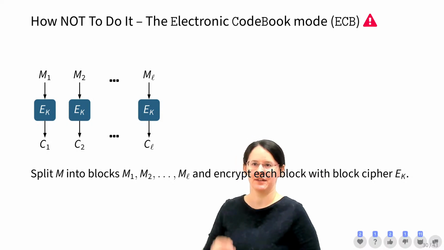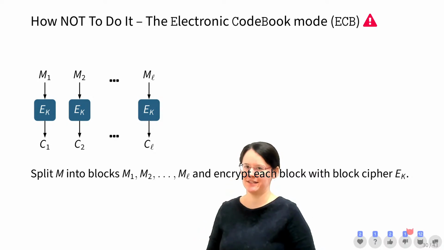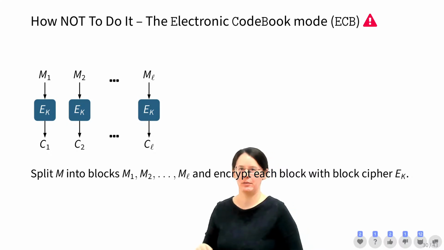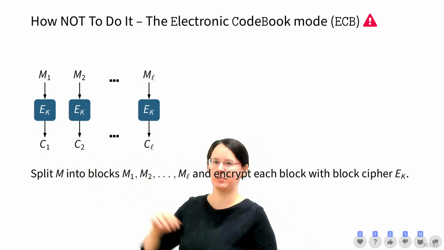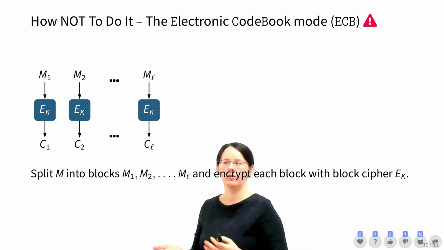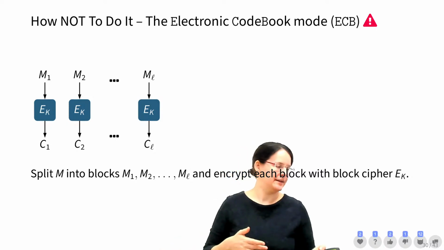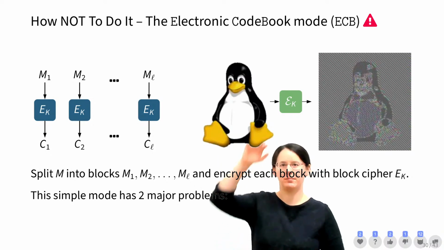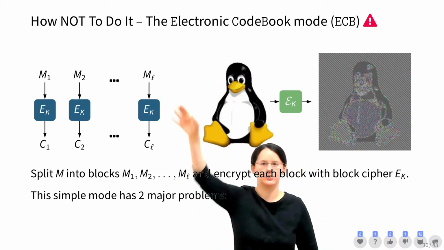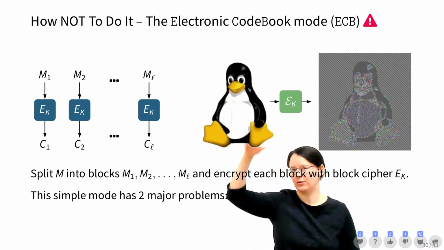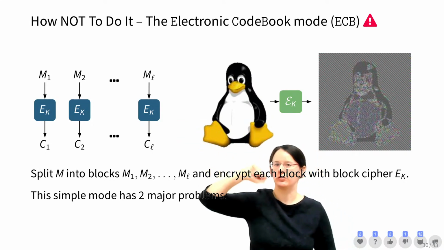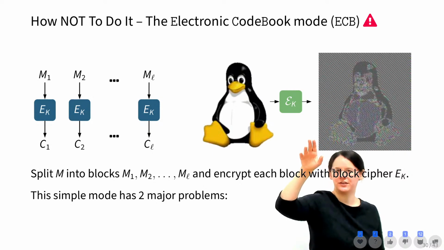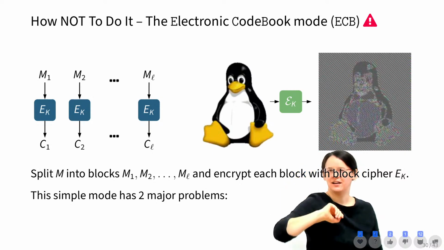To see why, there's a very famous illustrative picture, namely what happens if you use this mode of operation for an input message which has some sort of structure, like, for example, this picture here. This is also just a string of bytes. If you encode it in a very trivial way, you could encrypt it. And the corresponding ciphertext, if you interpret it as a picture again, would look something like this.